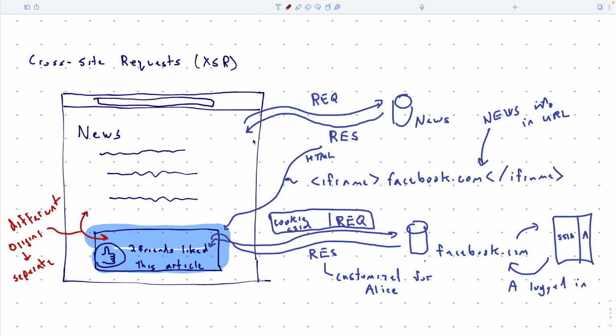Then I'm going to make a URL like that and dump it in an iframe, and you're going to go to the website. This iframe is going to load. You're going to send that request because it's coming from you, just like you sent the request for facebook.com. You're going to send the request, and the news organization, they chose the URL that appears here. So I can choose any URL.